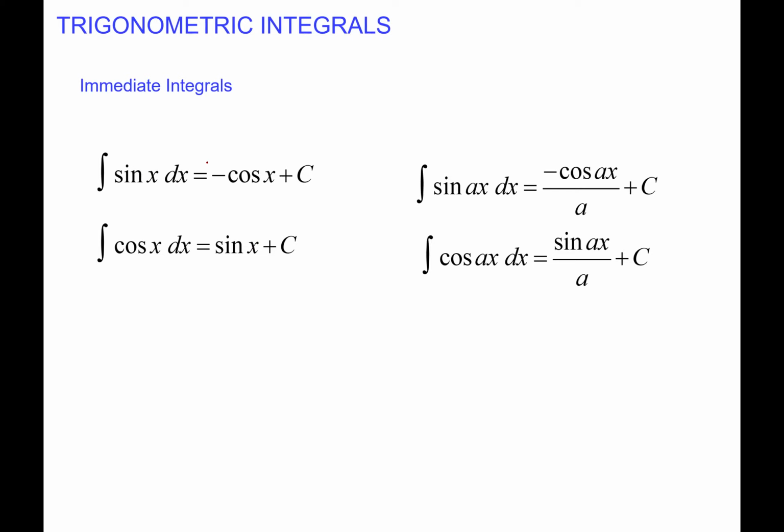If you're not sure what the integral of sine of x is, let's say you say cosine of x, then you can try to differentiate. The derivative of cosine of x is actually negative sine of x. That means something is wrong, we need the negative. The negative is always confusing, but you can double check with your differentiation.